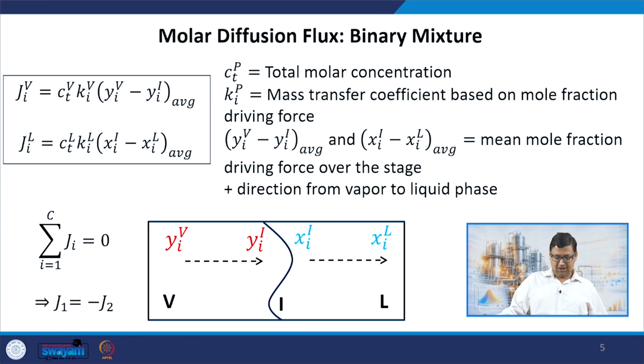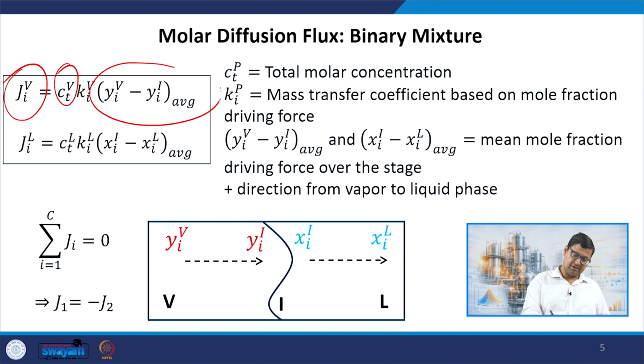Okay. For a binary mixture, the situation is somewhat straightforward. The diffusive flux for component I can be defined as something like this. CTV is the total molar concentration. This multiplied by the difference of the mole fraction of the component I at the vapor and at the interface, right.